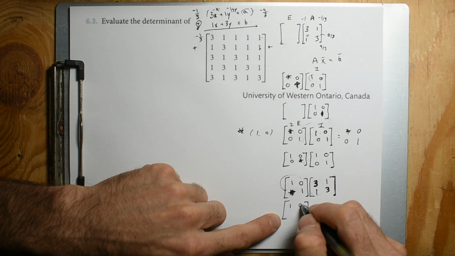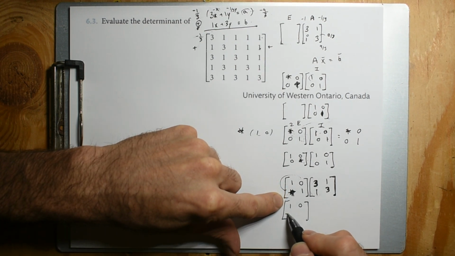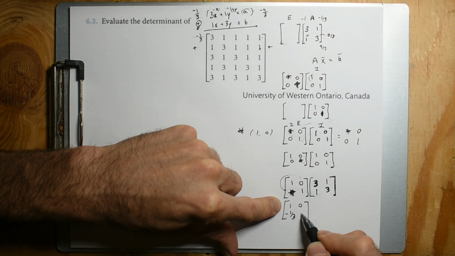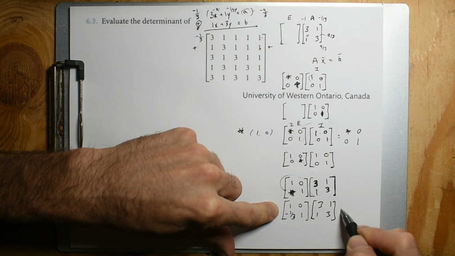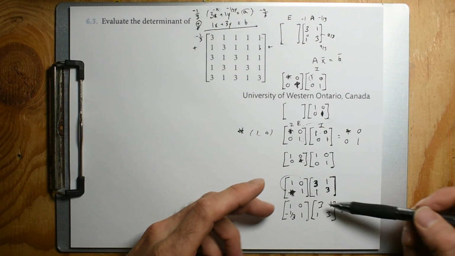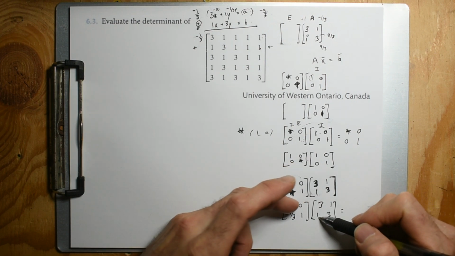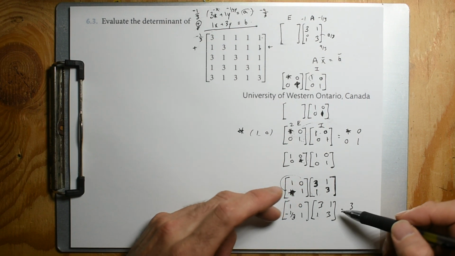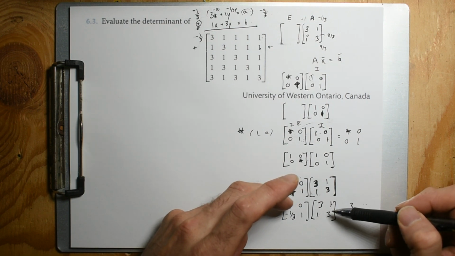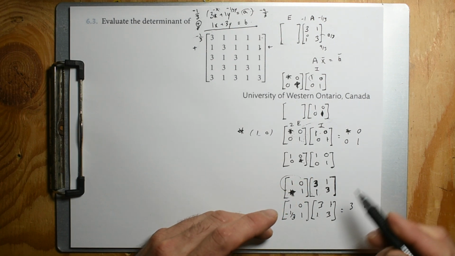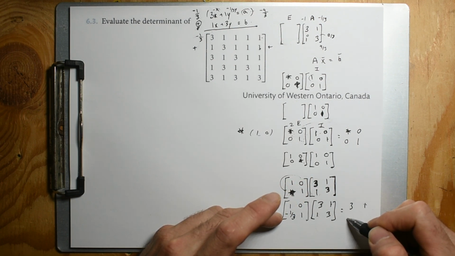And so it's going to be 1, 0. And what do you think I'm going to multiply the top row by? Well, we thought it was going to be negative 1/3, so let's just try that. And hopefully this works. So we have 3, 3, and then 0. And then this value right here is going to be 1 times 1 plus 0 times 3 is 1.